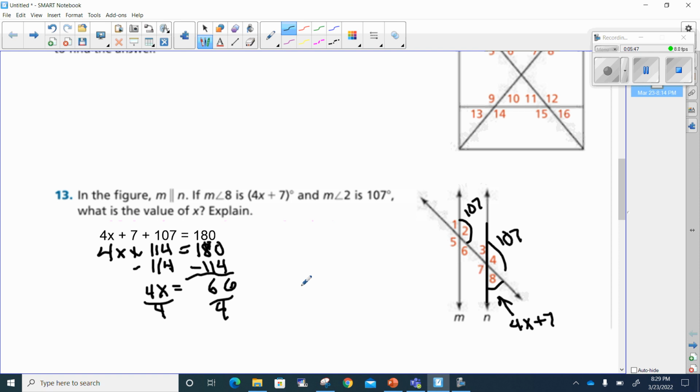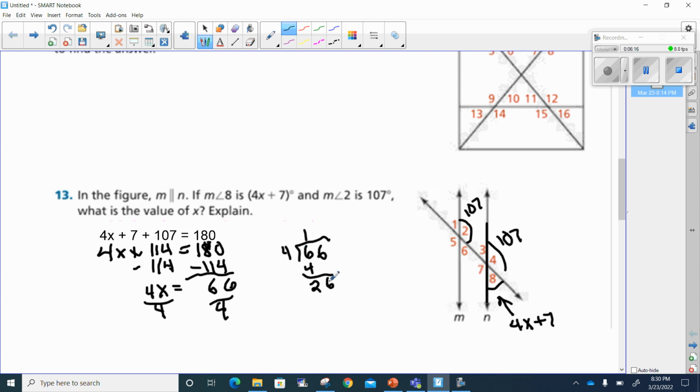Now I have 66 divided by 4. Well, 66 divided by 4. 4 goes into 6 one time, leaving me with 26. Okay? And then we have 4 goes into 26.